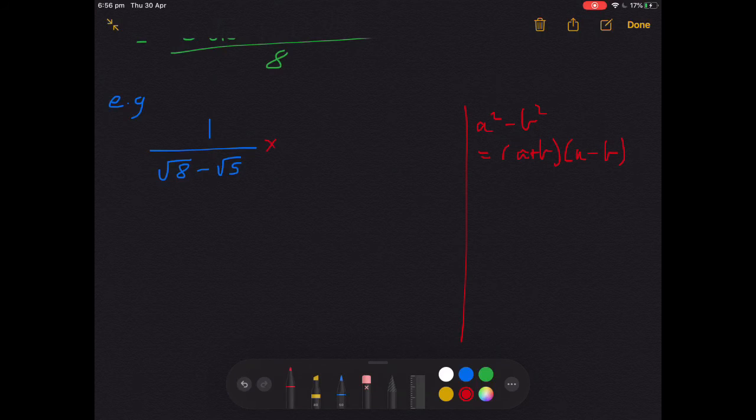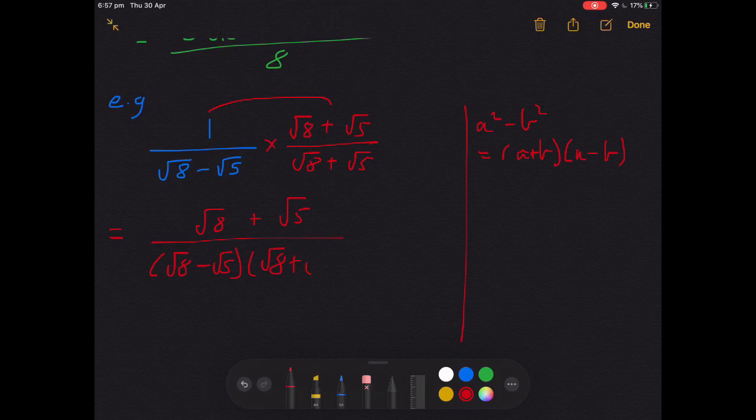So if we multiply this by root 8 plus root 5 and root 8 plus root 5, then the top is just going to equal 1 times this. That's not really an issue. But down the bottom, we're going to have root 8 minus root 5, root 8 plus root 5, which by this rule over here, we can see that it's going to be a squared minus b squared.